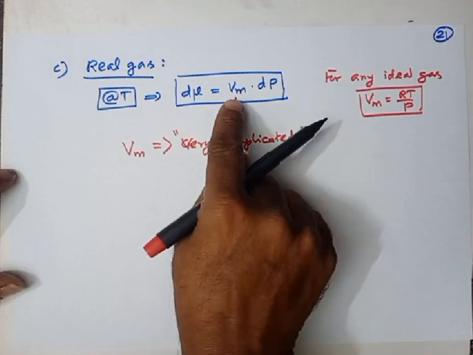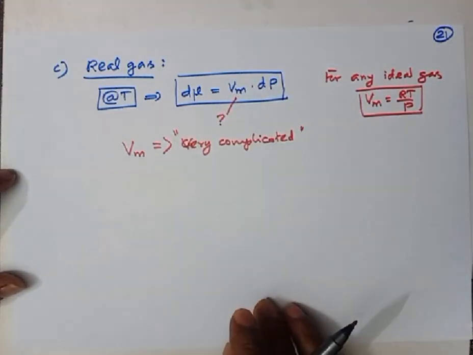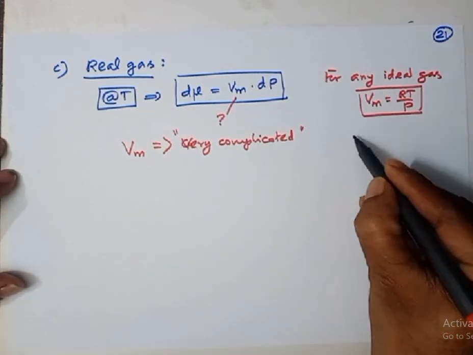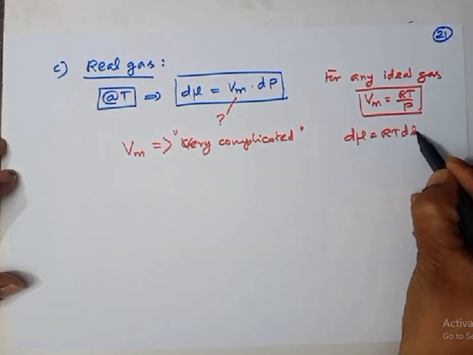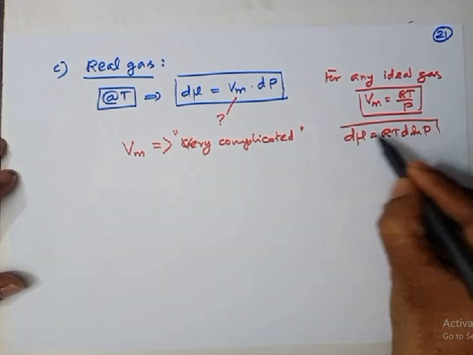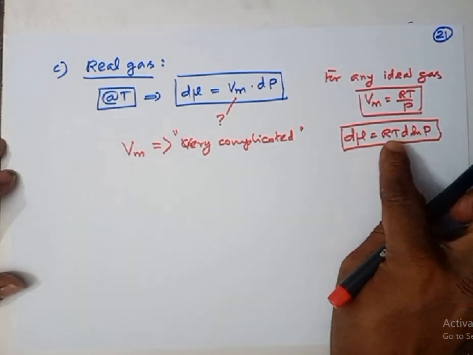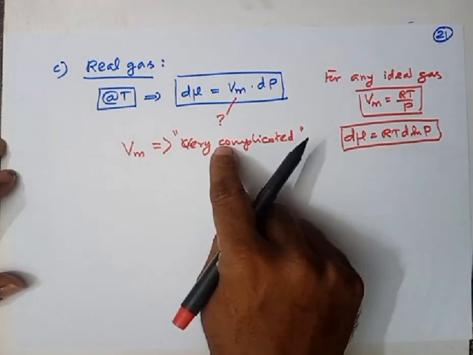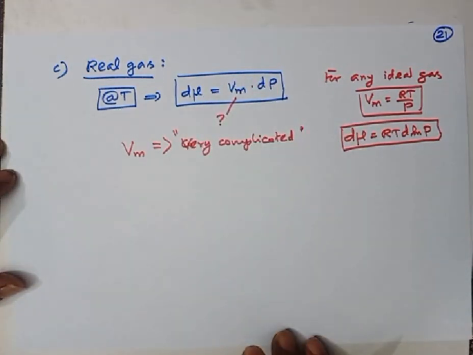Therefore, in the place of molar volume, we cannot use RT by P. Suppose we use RT by P, for ideal gas, what do we get? d mu equal to RT into d ln P. I have told you, this is applicable only for ideal gas. But for real gas, we don't have a single expression for molar volume.